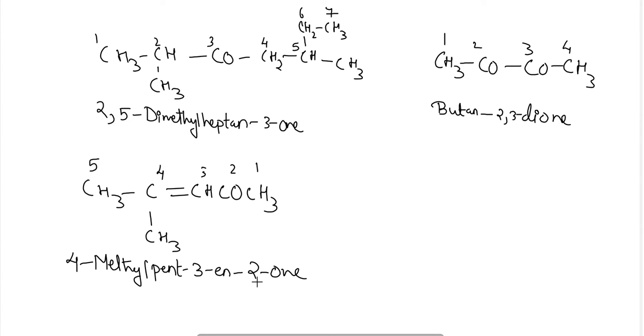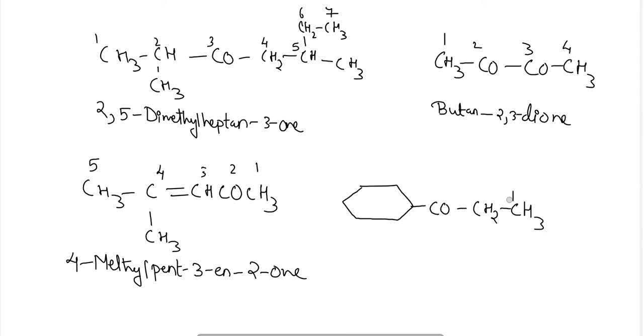Okay. Next, if a cyclic chain is present and attached to the ketone group, so here the 1, 2, 3. Okay. Sorry. The numbering will start from the root only.